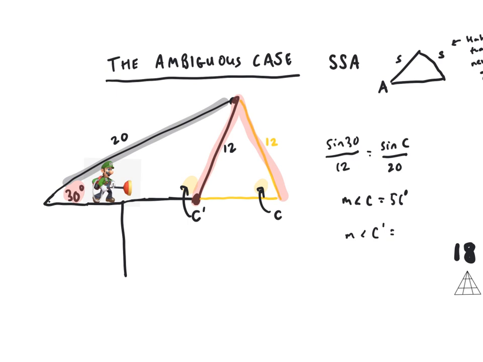Those two legs are both 12, and that means the two base angles, let's put them in red this time, are both 56 degrees. And of course, this 56 degree angle on the left is supplementary with this angle C prime. So once I've got C, I can get C prime just by subtracting from 180. So the measure of angle C prime would be 124 degrees.